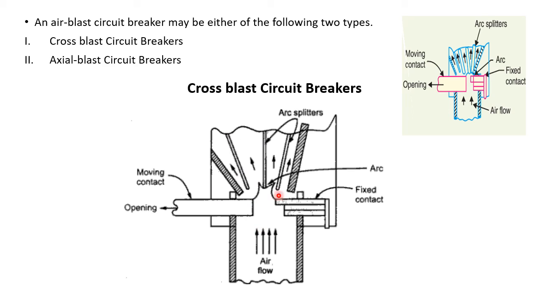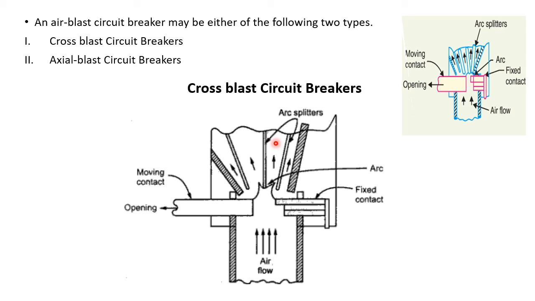The figure shows a typical cross blast circuit breaker. When the moving contact is withdrawn, an arc is struck between the fixed and the moving contact. The high pressure cross blast forces the arc into the chute, where the chute consists of arc splitters and baffles.